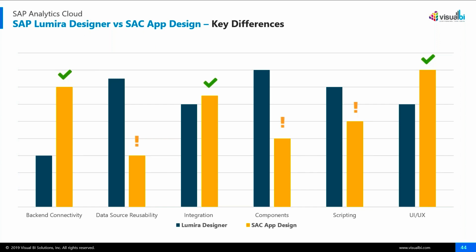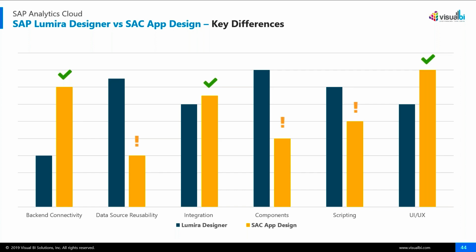Now talking about data source reusability, it is not so mature in App Design, because you have to use individual models for individual components inside the analytical applications, while SAP Lumira Designer allows you to use the same data source for multiple components, which can give a lot more optimization to the performance of the analytical applications, right?